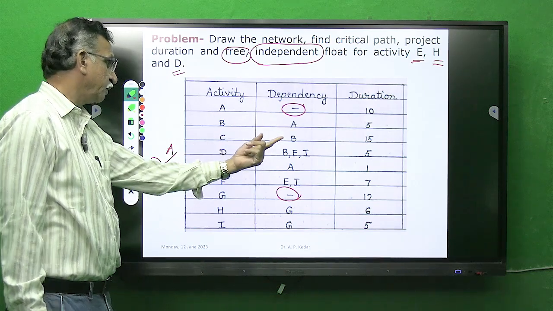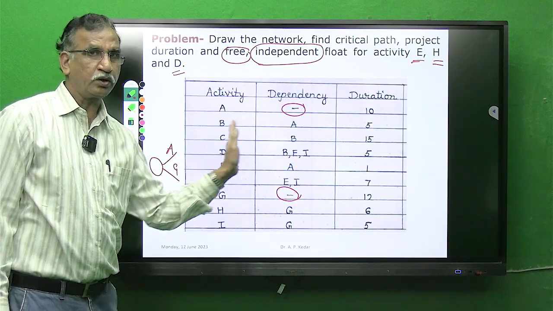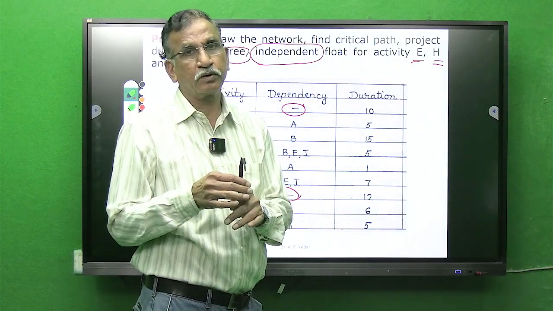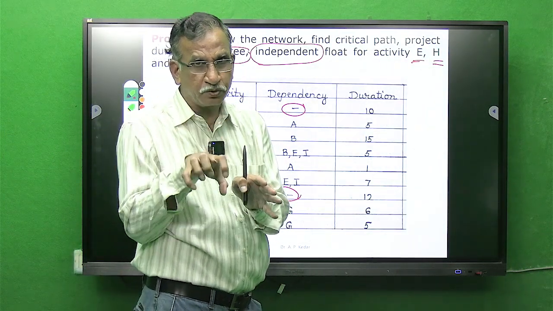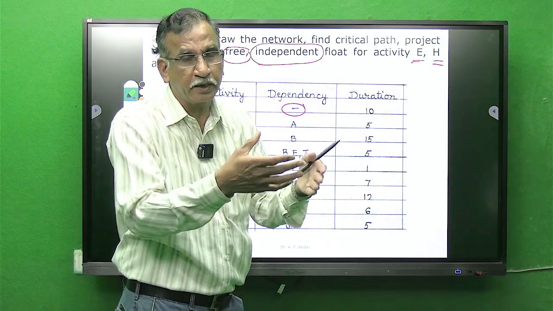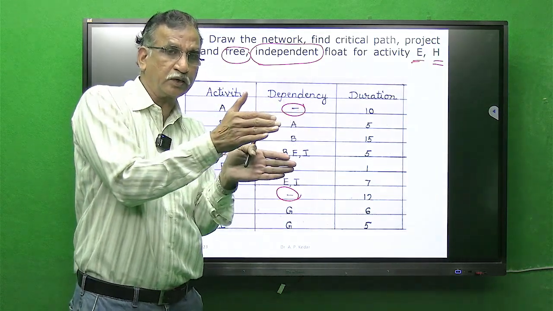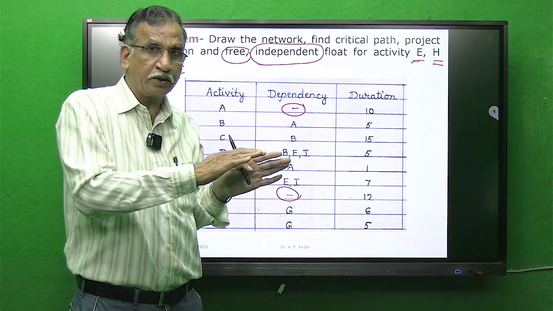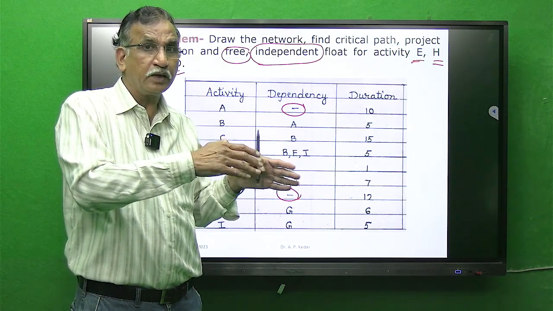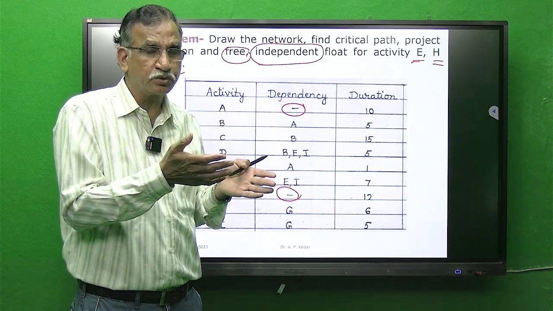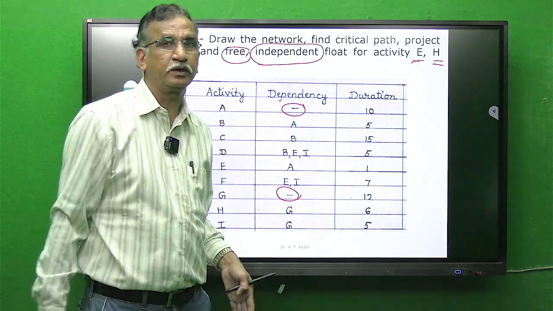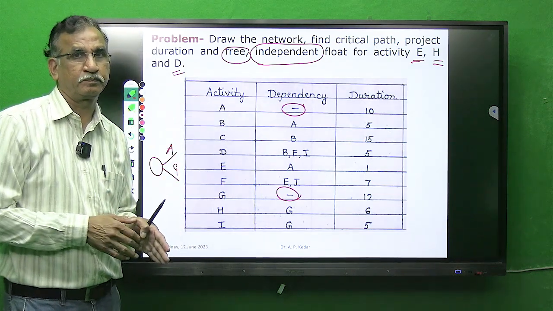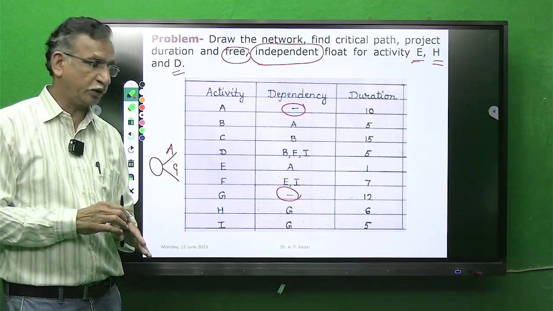B depends on A, C depends on B, go on increasing the network, and at the end, wherever a particular activity you have drawn does not depend on any activity, or there is no successor activity to the activity already drawn, do not keep it lying in the air. It is called a dangling situation. Terminate that activity in the last activity. That care you have to take.